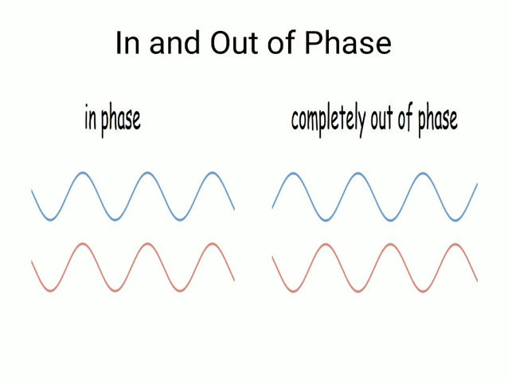Then both go down, so they are in perfect alignment. So we can say that the blue one and the red one are in phase. Suppose the blue one is A and the red one is B, so A and B are in the same phase.